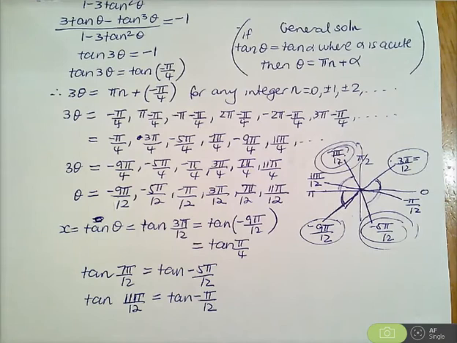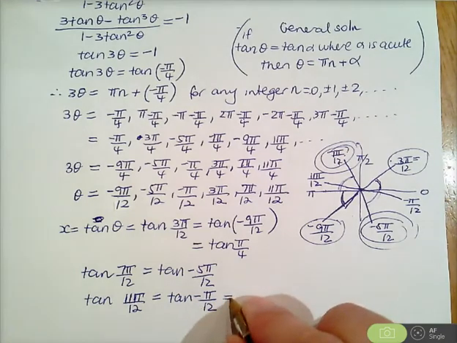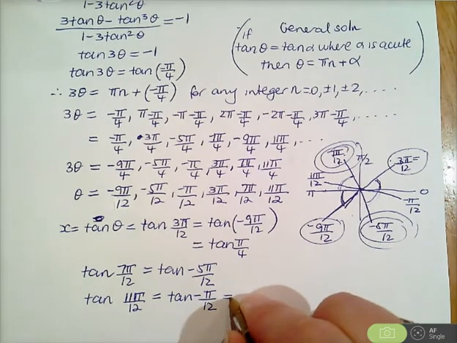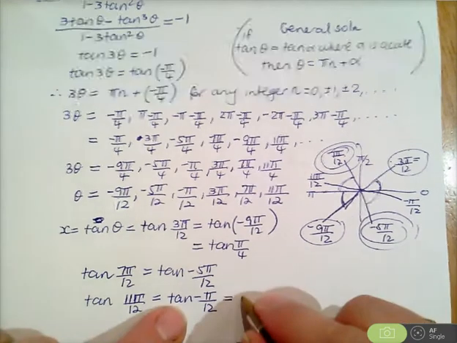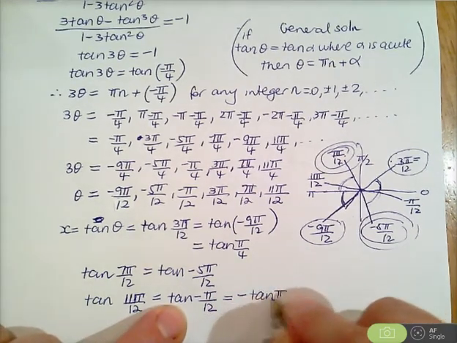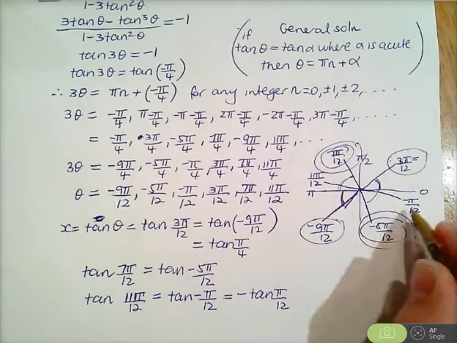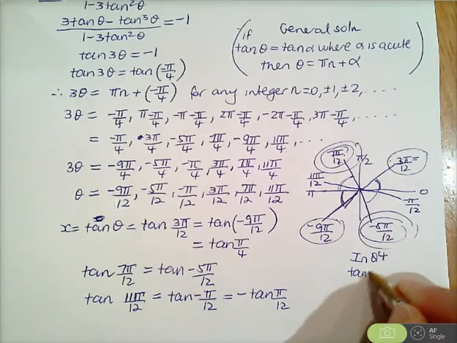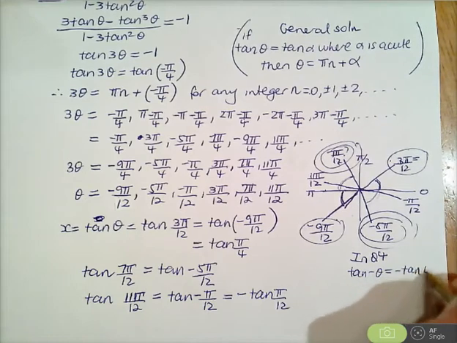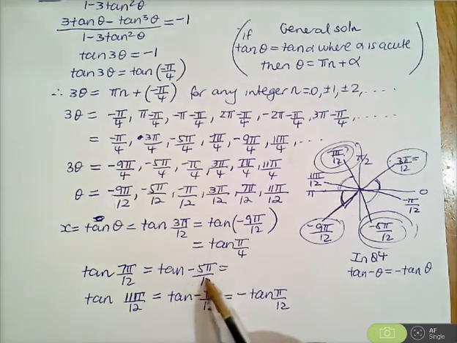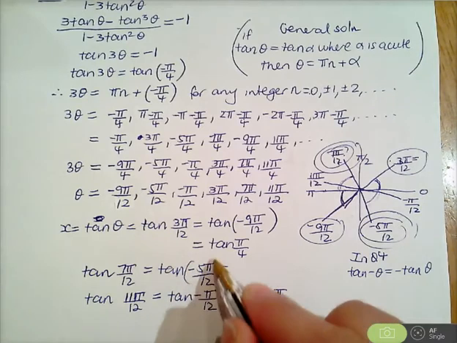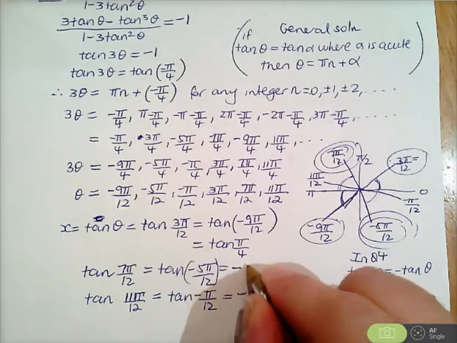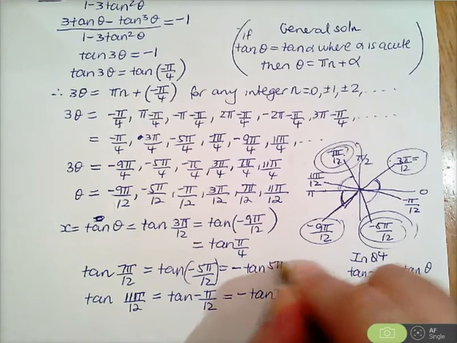Now tan of minus pi on 12 happens to be the same as minus tan pi on 12, because we know that in quadrant 4, tan of negative theta equals negative tan theta. So I can do the same thing here as well. Tan of minus 5 pi on 12 is the same as minus tan of 5 pi on 12.